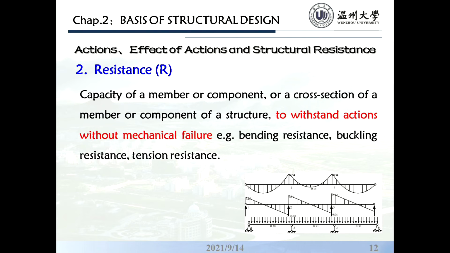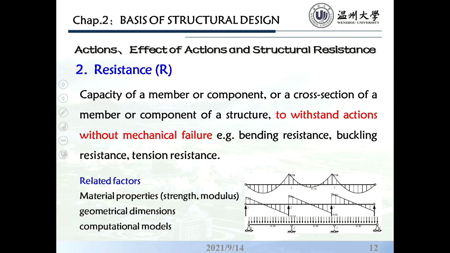If a beam has a larger section, of course it is stronger. Just like a thinner person: if we push a thinner person, they may fall easily, but for someone fat like me, it is hard to pull me, right? So the section also affects the resistance.